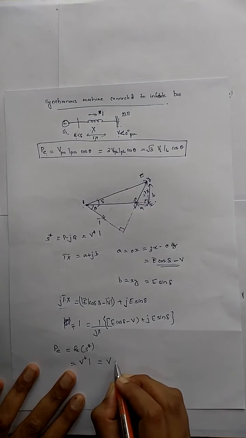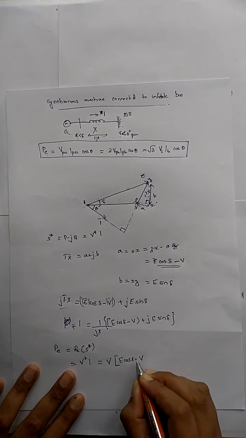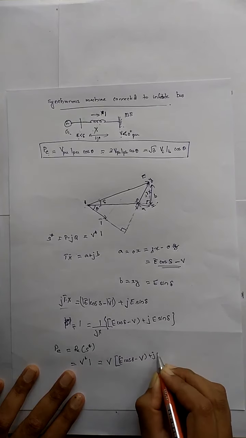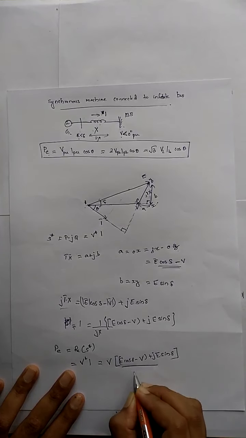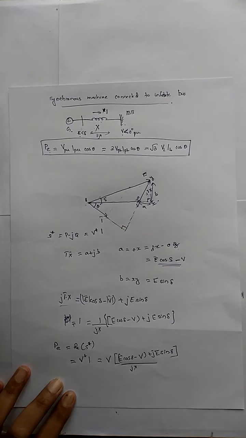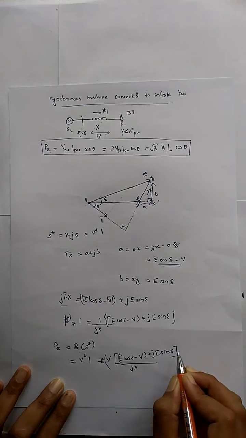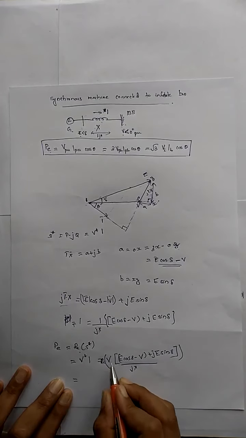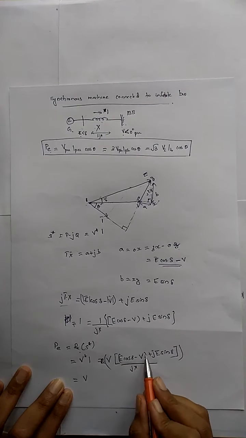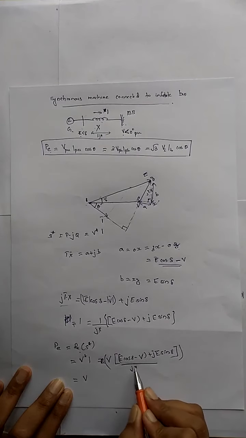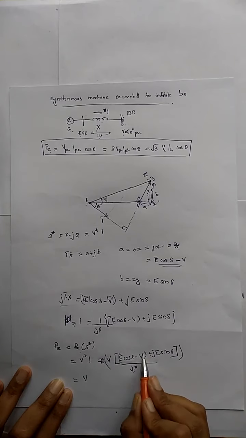What is this I value? That is E cos delta minus V plus J E sin delta by this Jx, isn't it? So we have to take the real value only. So I am taking real value only. What is real value? This V will be there. Then the real value divided by this imaginary J, 1 by J will be minus J. So this will be the imaginary part.